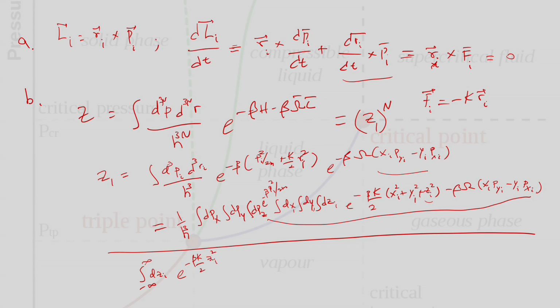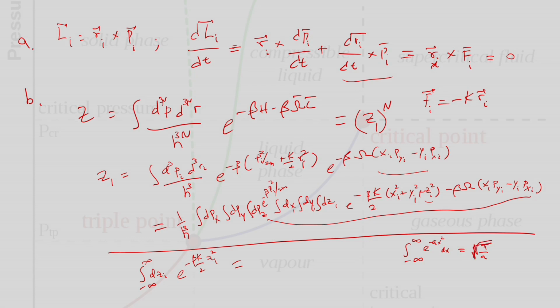So, all we have to do is calculate this result, so that we will be done with one of the integrations. And remember the standard formula that if you have e raised to minus a x squared dx, this is nothing but square root of pi over a.